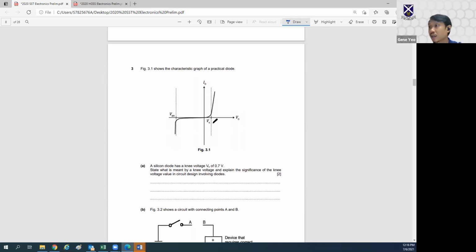Okay, so this is a practical diode. A knee voltage, VK of 0.7. What's meant by a knee voltage, and explain the significance of the knee voltage.